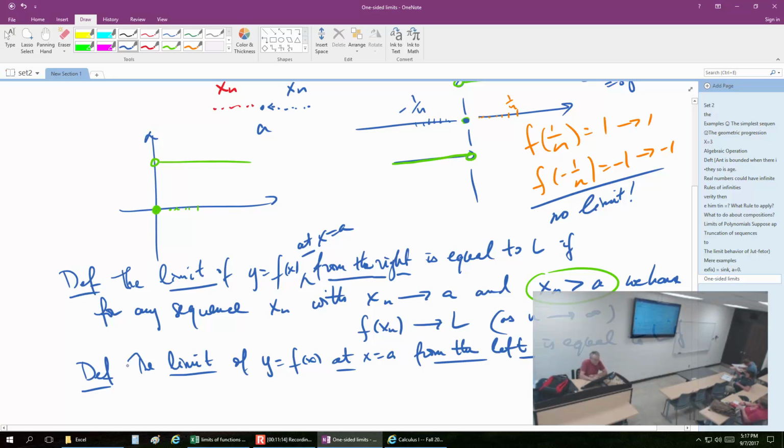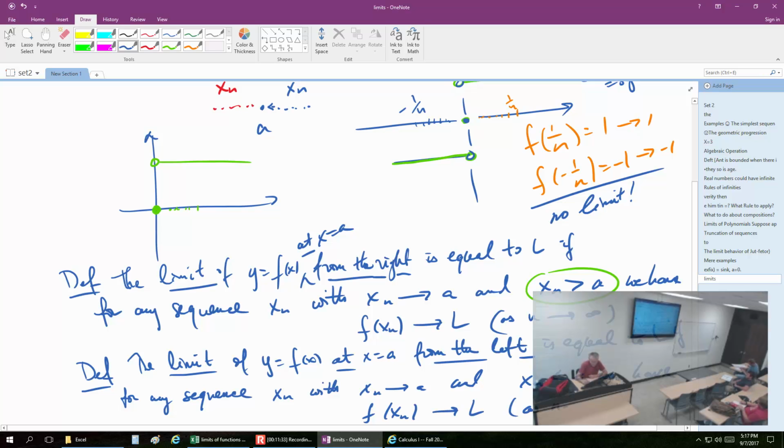Let me just repeat it: for any sequence xn with xn converging to a and xn less than a, we have, same as before, f of xn converging to L as n goes to infinity. So that's the difference here, on the right or on the left.